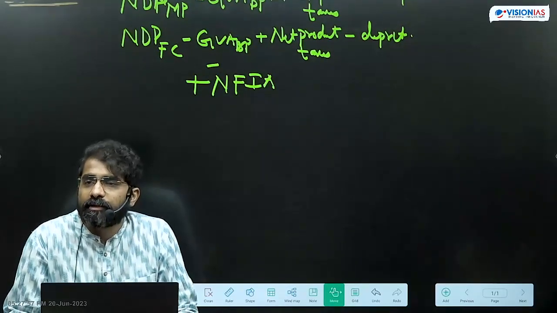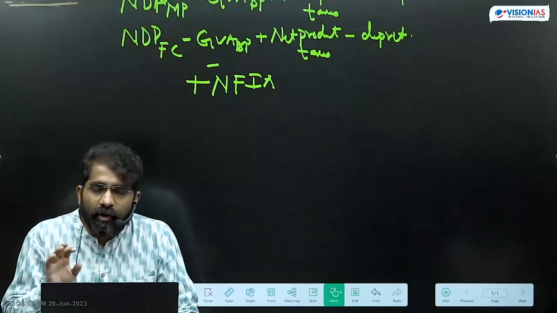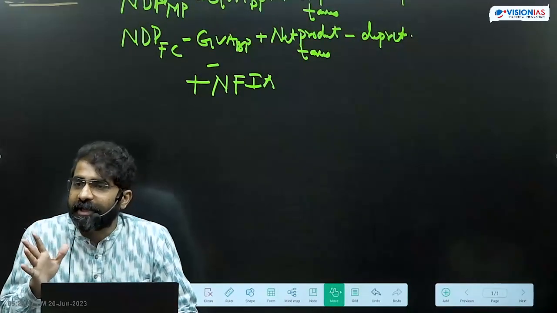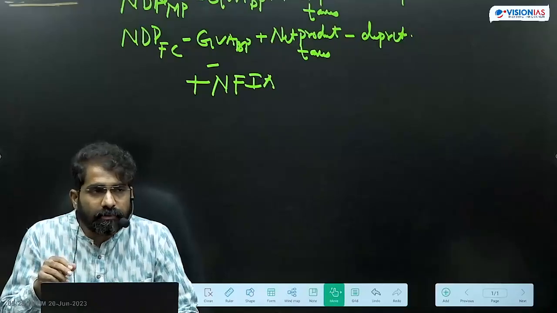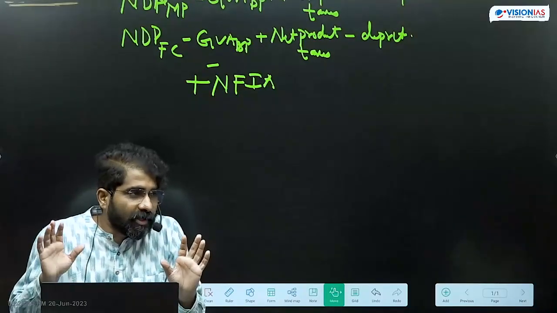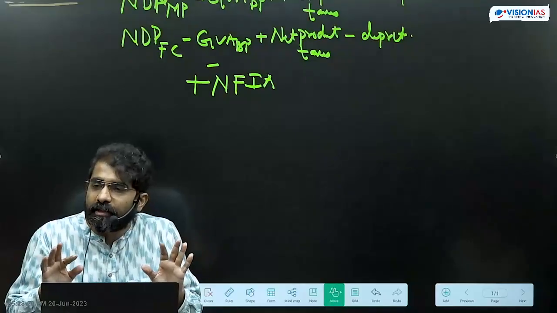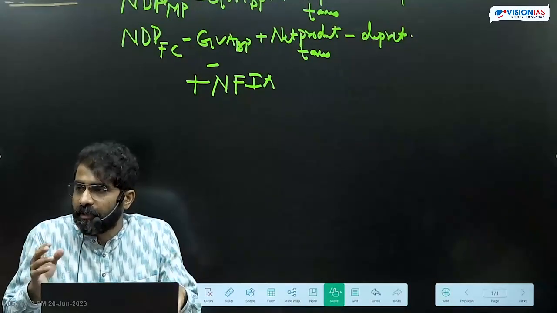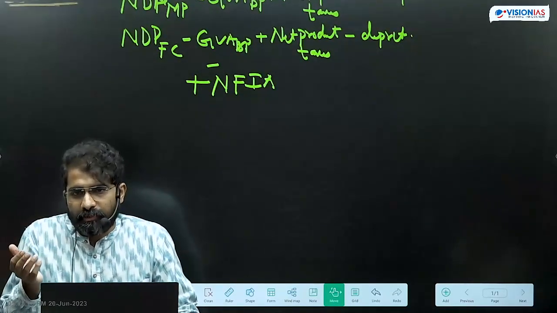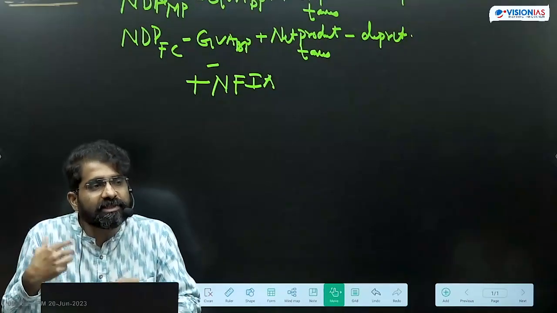Now see here, expenditure method is there and production method is there. Out of these two, which one is estimating national income from the supply side? Production side. The production method is estimating GDP from the supply side.